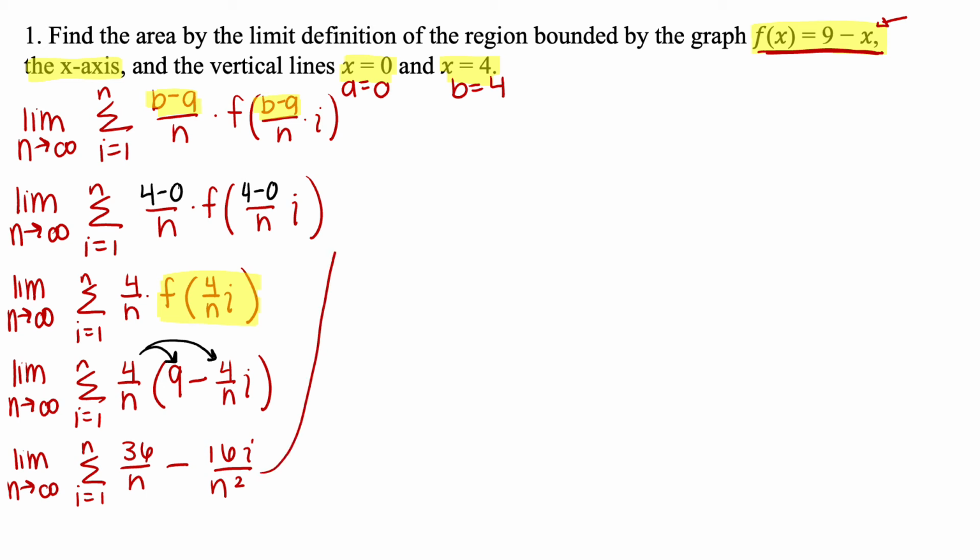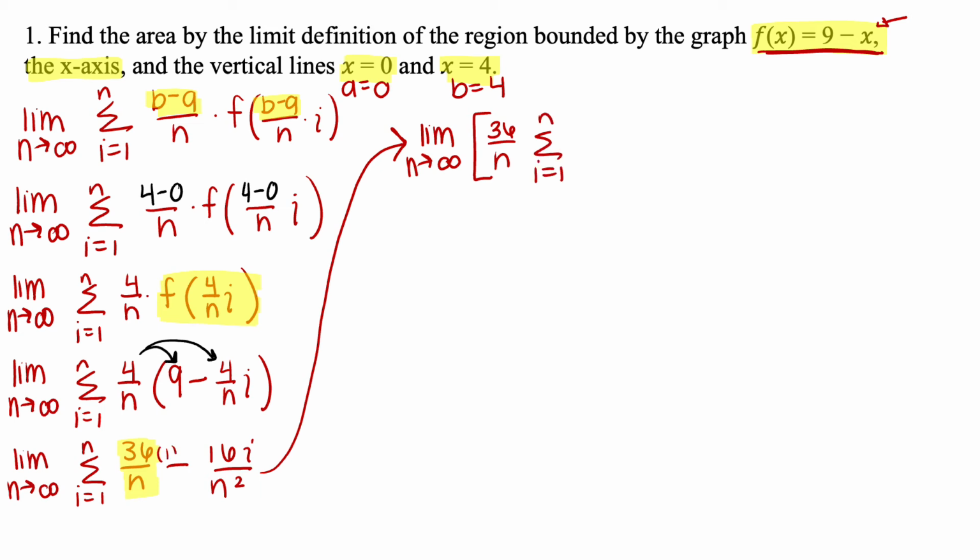So I'm going to bring this up to the top. I'm going to keep my limit as n goes to infinity on the outside, and I'm going to use some large brackets. I'm going to split up my summation and pull my constants out to the front. So the constant in my first summation term, 36 over n, I can pull to the front and write this as 36 over n times the sum from when i equals 1 to n.